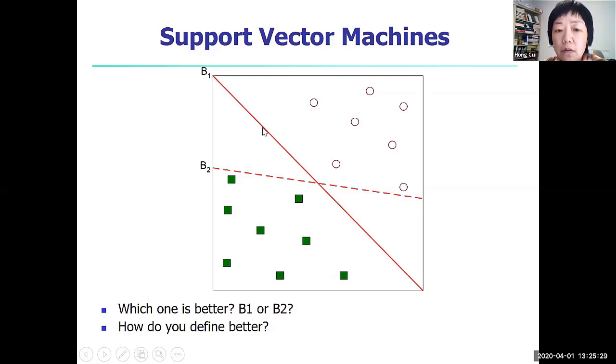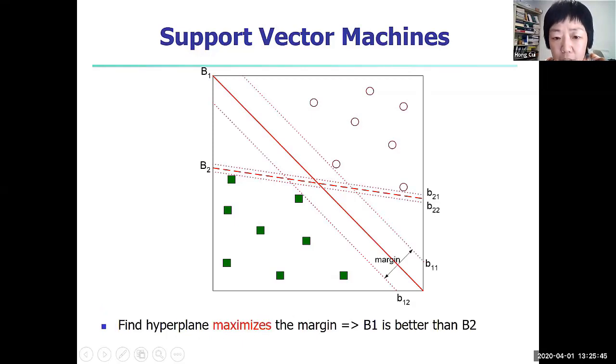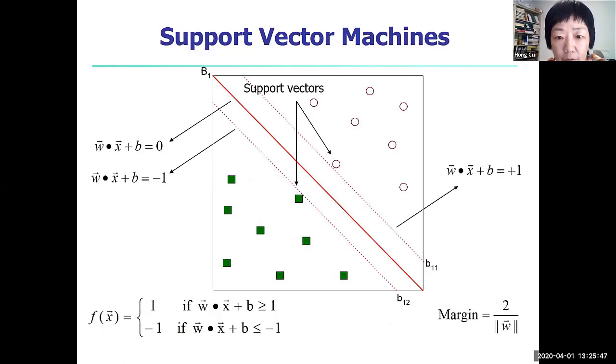So we want a decision boundary that separates these 2 classes the best. The best referring to having a larger margin on either side of this hyperplane. So there are some definitions.